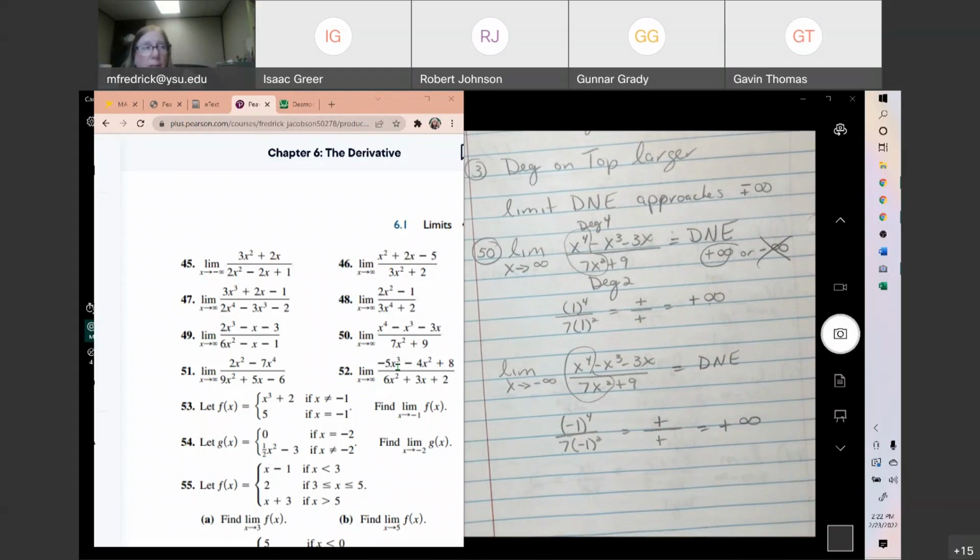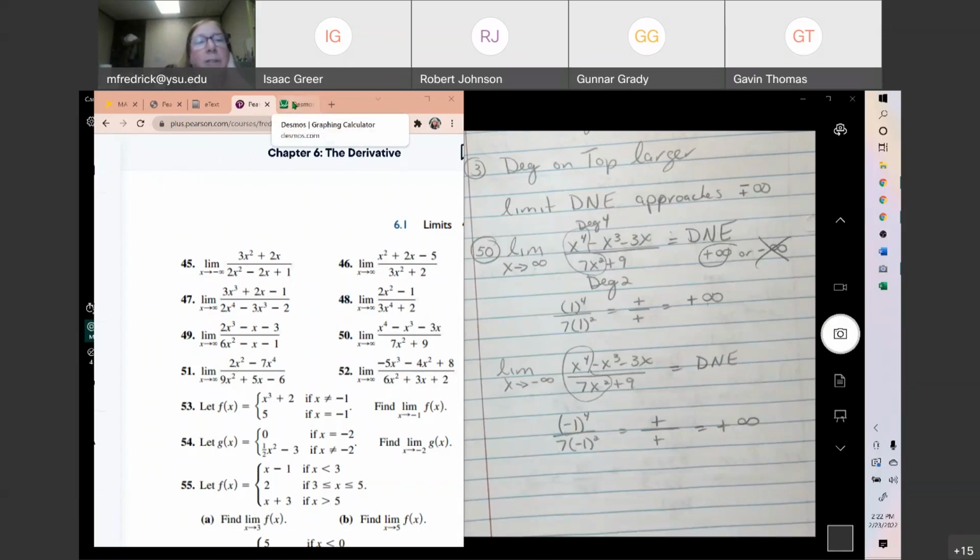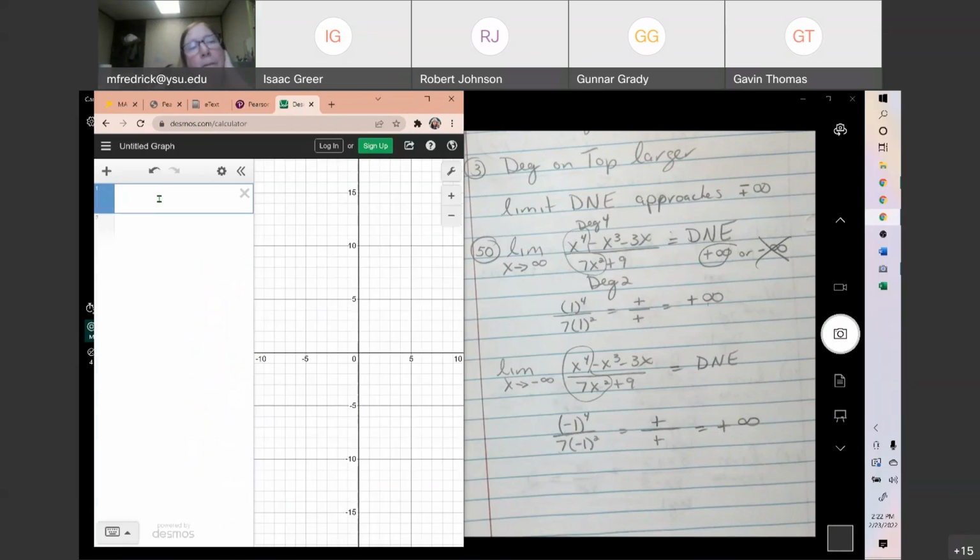Any questions on that? To look at it graphically, I want to make sure I wrote the equation down. We can go to Desmos and plug the equation in.